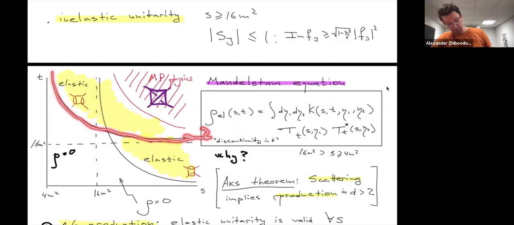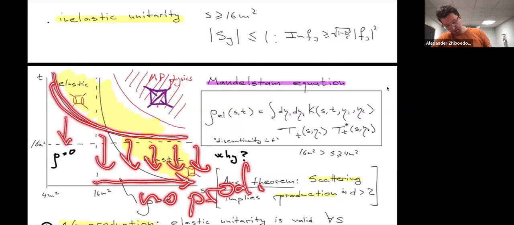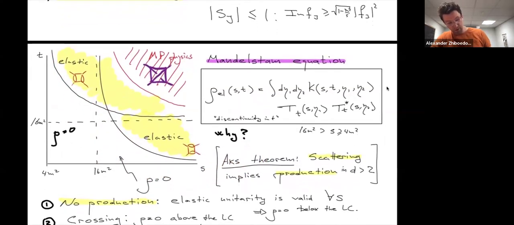And in particular, I told you that below this Landau curve, spectral density should be 0. It means that here, everywhere, spectral density is now 0. And here, this is no production. This is the first step. Well, if you have the picture like that, then the second step is we use crossing. And this is why I said unitarity picks a channel, but spectral density is crossing symmetric.